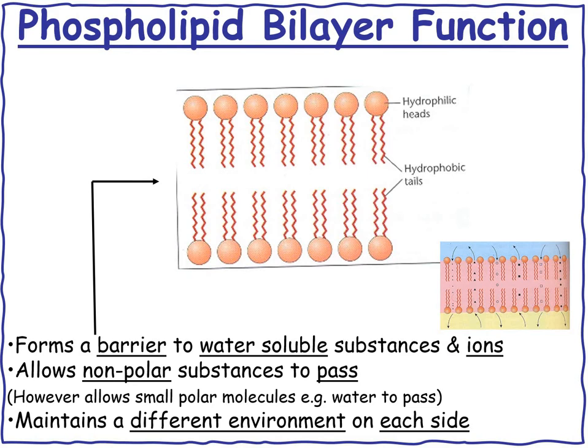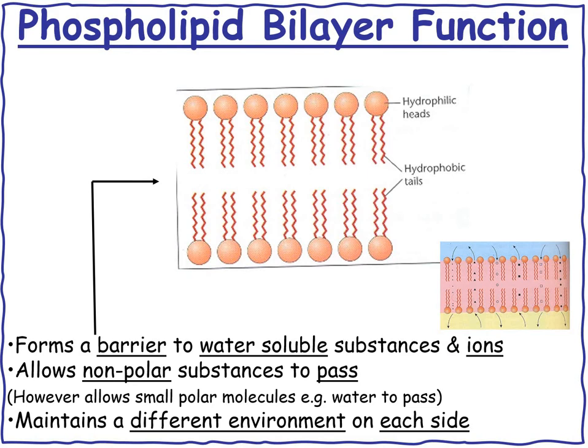So it lets lipid-soluble things through, but not ones that are not lipid-soluble. So it does allow non-polar or lipid-soluble substances to pass. There are some polar molecules that can pass, such as small polar molecules like water.